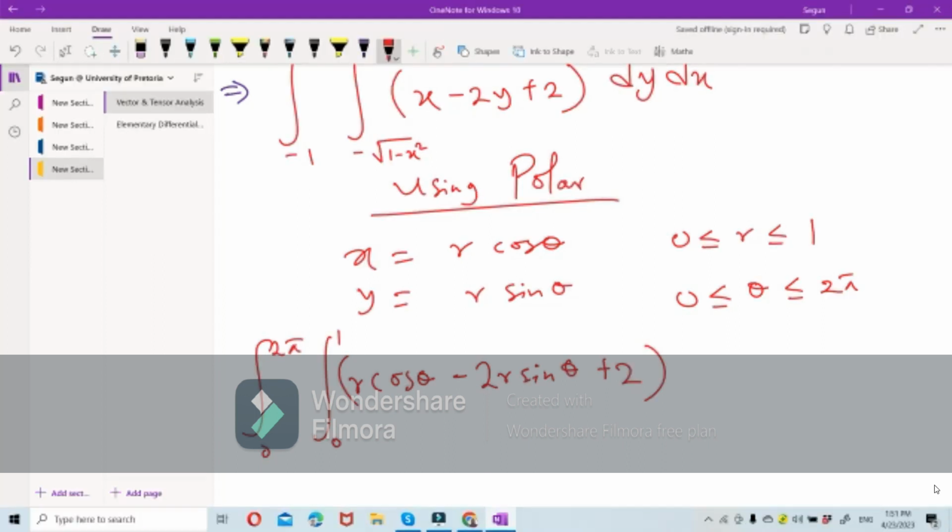So in this case now, we always have the r dr d theta. How do we get the r?